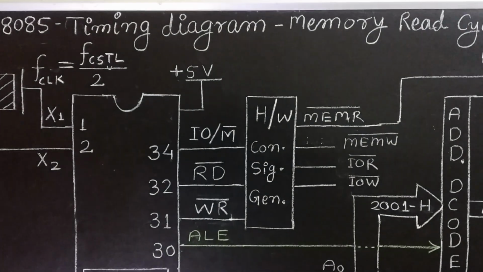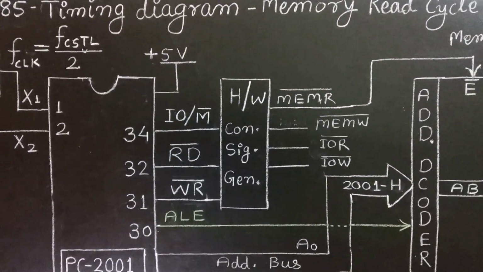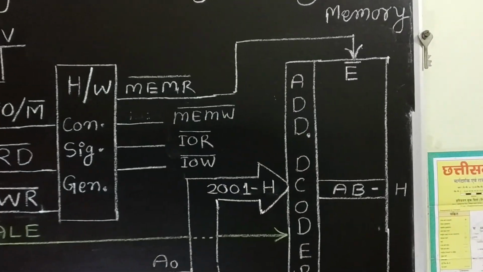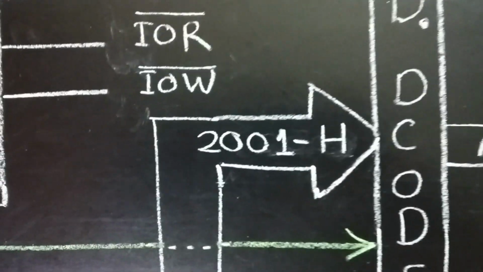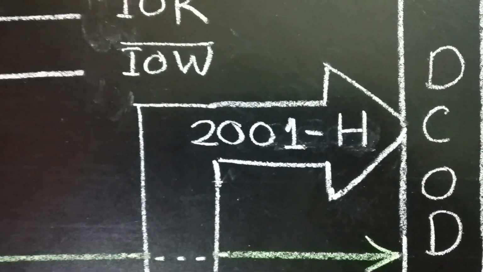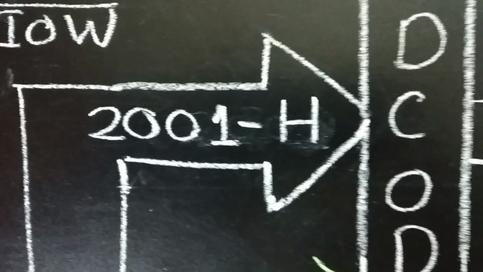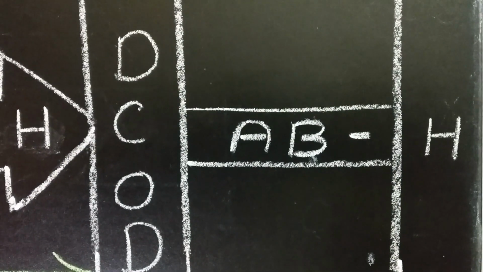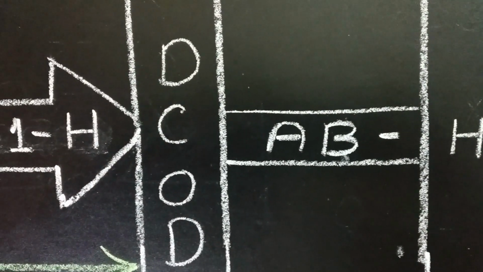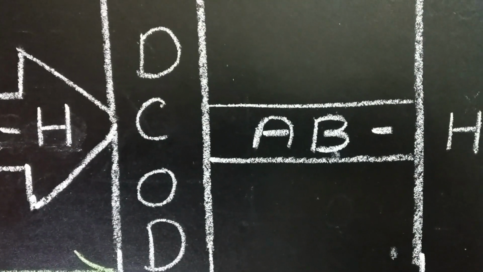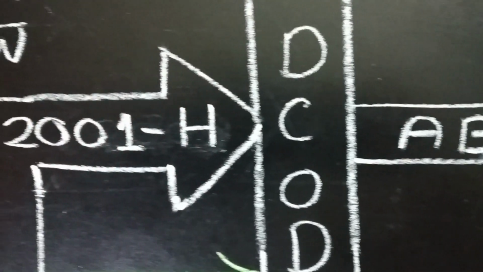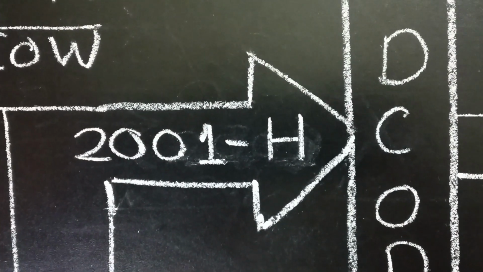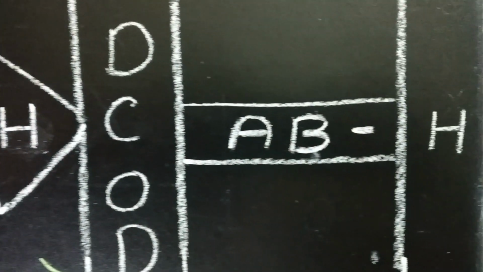Now, as we have seen, suppose the data located at location number 2001H is ABH. The data bus is 8-bit. Thus, the data which is stored at location number 2001H will be AB.